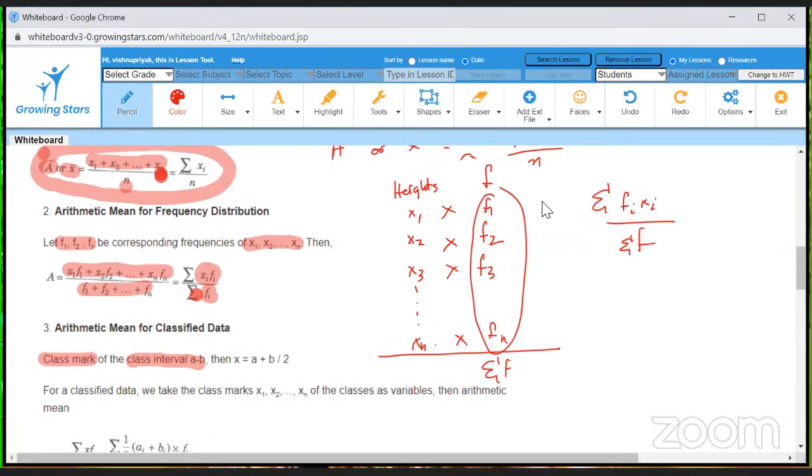Divide by sigma f. You will get arithmetic mean. So this is another method when frequencies are given.